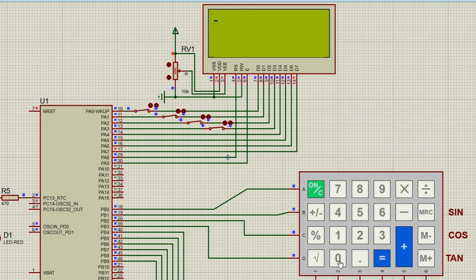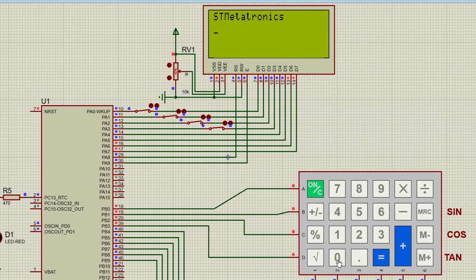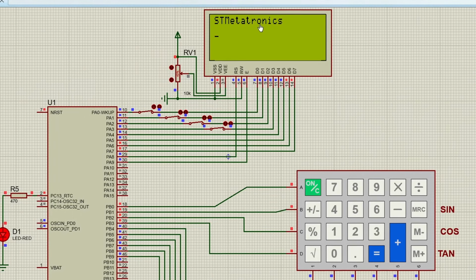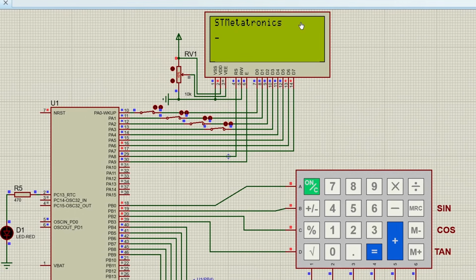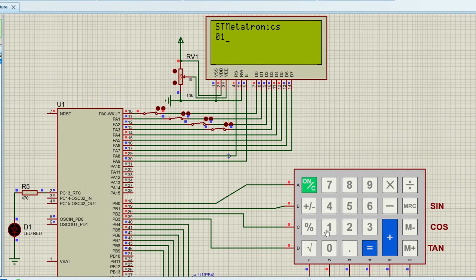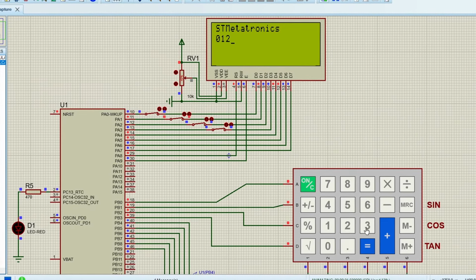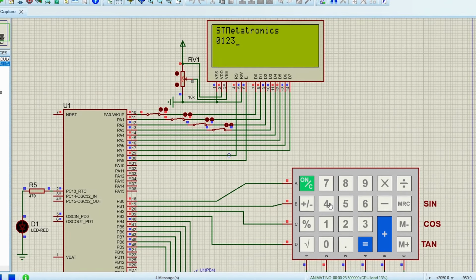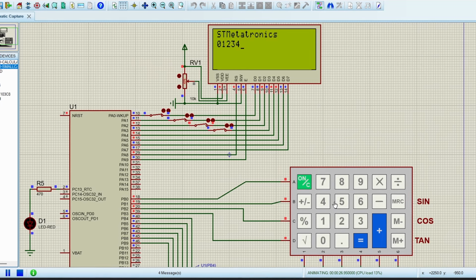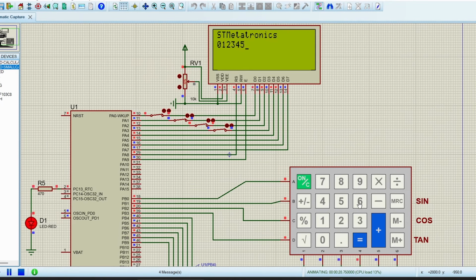If you remember in the last video, whenever we power up the project, STM Mechatronics is displayed in the first row of the LCD. In the second row we enter the numbers, 0 1 2 3 4 5 6 7 8 9.